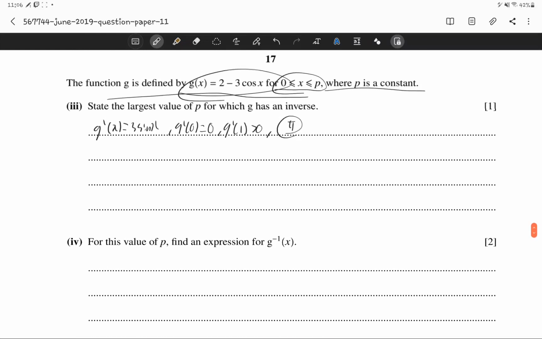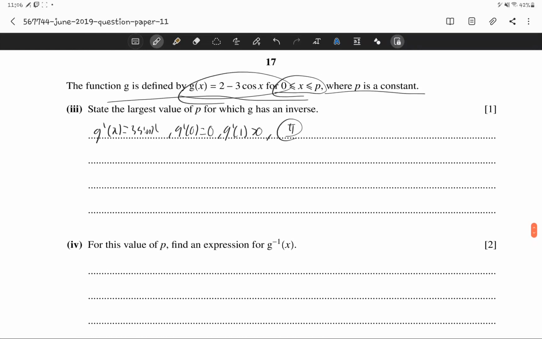For this value of p, find an expression for g inverse of x.